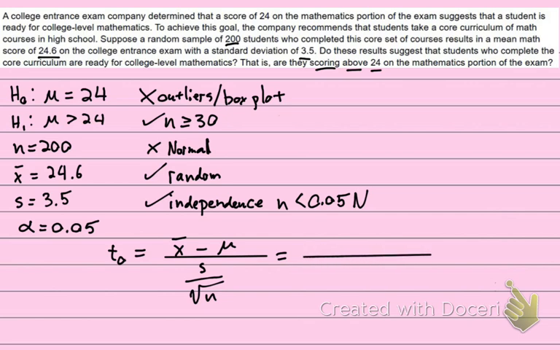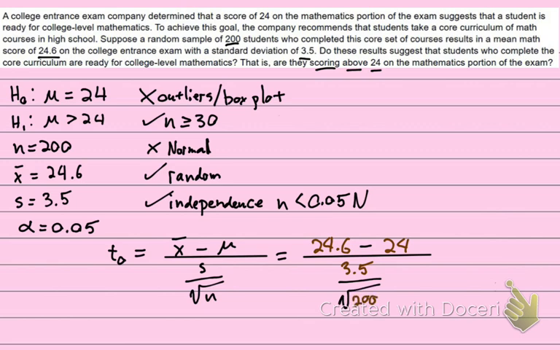We have our x bar is 24.6, and subtracting the mu is 24, and it's all over our s. Our sample standard deviation is 3.5 divided by the square root of sample size, which is 200.